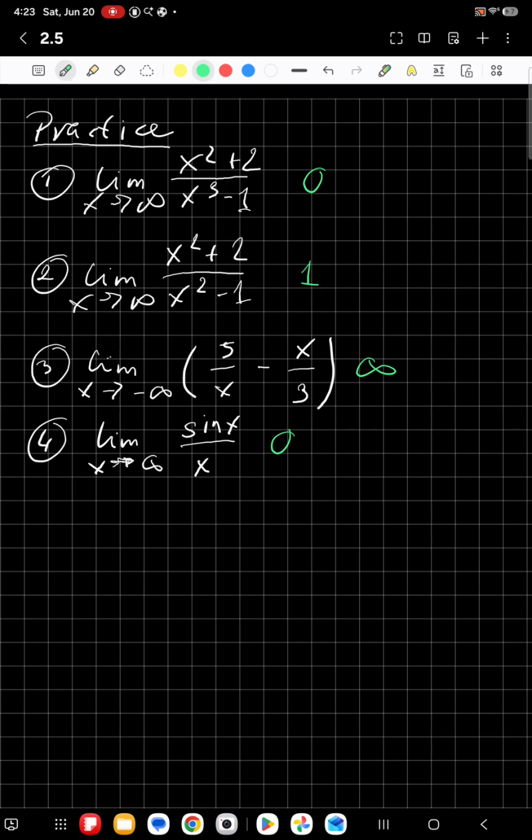I want to show you one more example. This is example 3. Find limits at infinity.